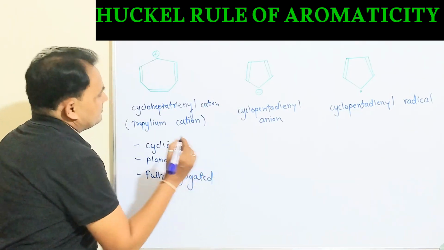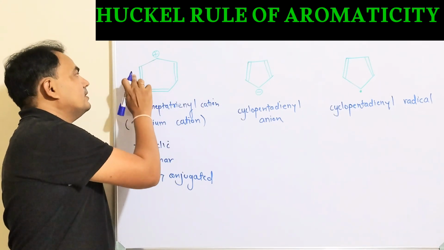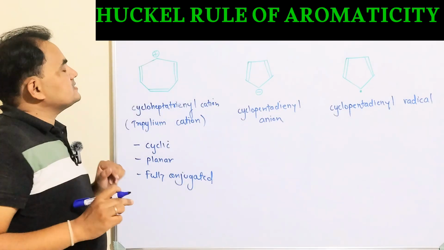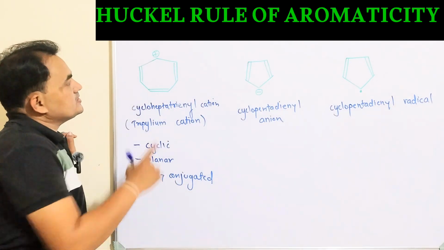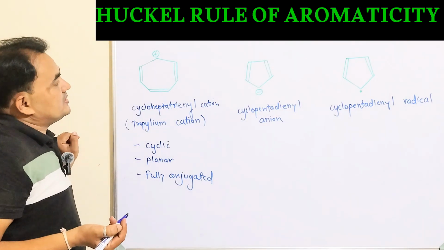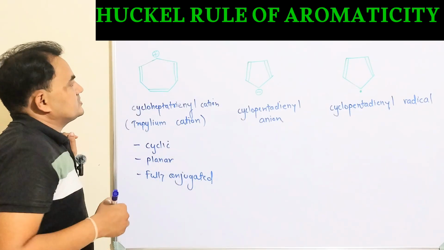How conjugated? See here, double bond, single bond, double bond, single bond, double bond, single bond, single bond. Here there are two single bonds, but there is a presence of positive charge. That's why conjugation is possible, meaning resonance is possible between these pi electrons. So that's why it is a conjugated system.